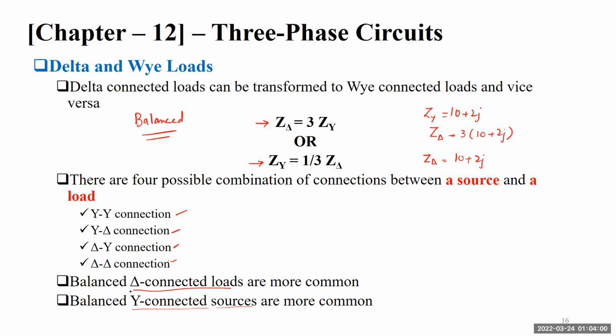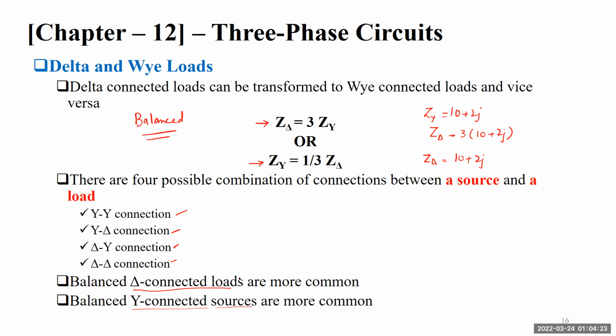Generally when you dig deep into these conventions, you'll see that for delta connected loads, the harmonics are trapped inside the delta connected load, and this is one of the advantages of having a delta connected load: these harmonics do not come out of the load and go into the system.